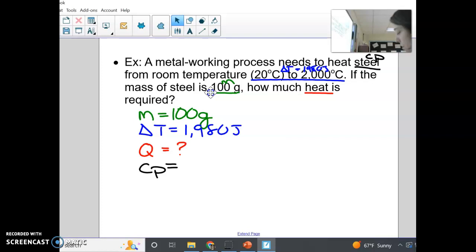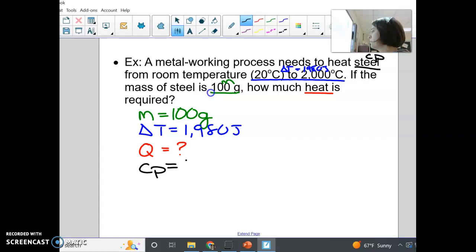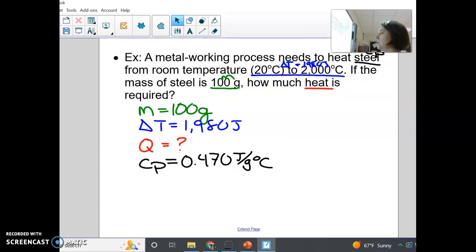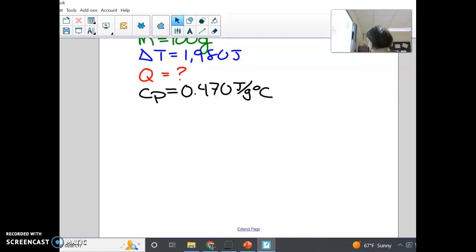On page 83, table 3.1, it tells us that steel has a specific heat of 0.470 joules per gram degrees Celsius. So once we find out what we know and what we need to know, our next step is to write the equation.